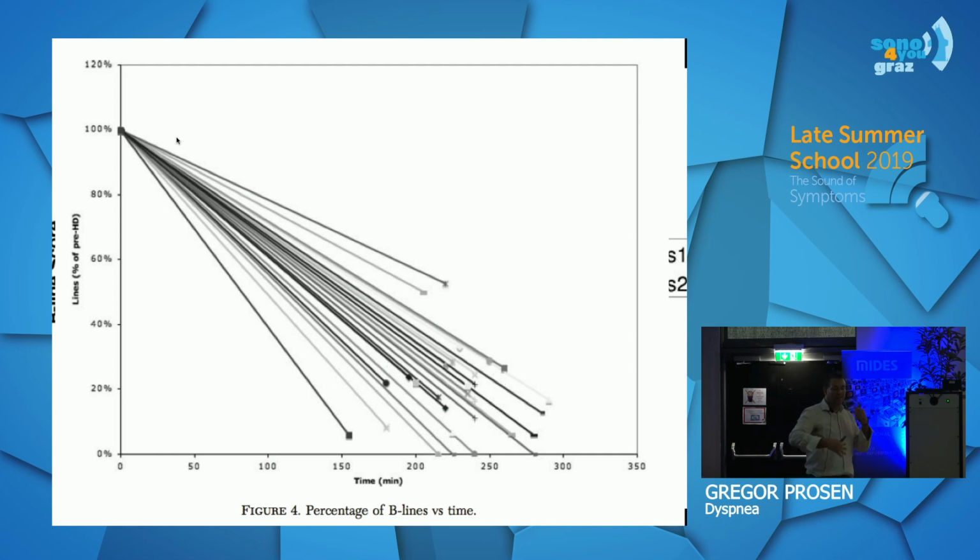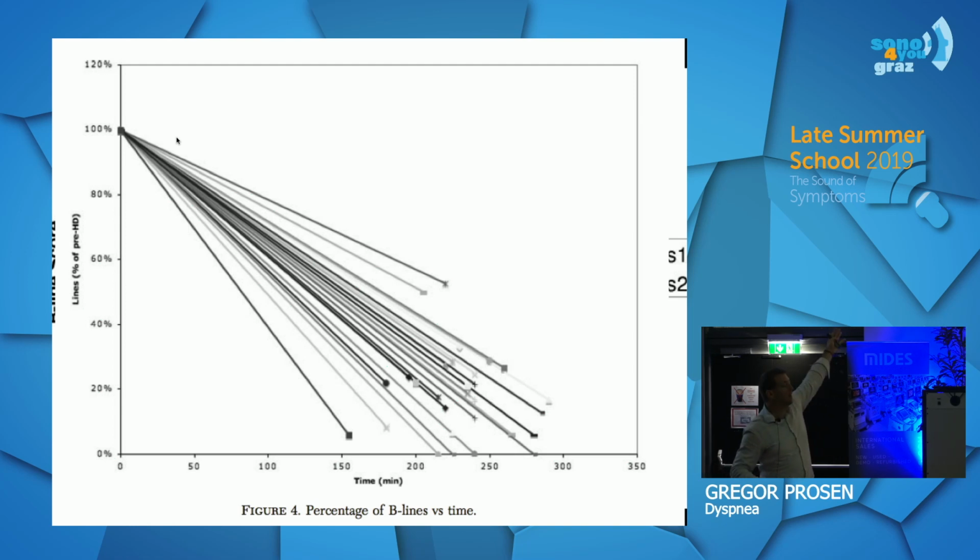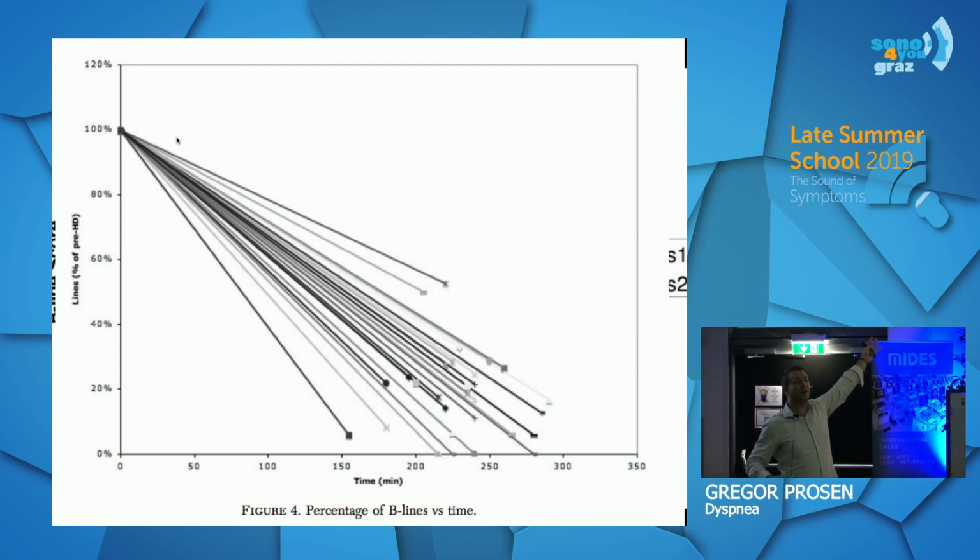And as the dialysis was working, their volume was being equilibrated. They lost 3-4 liters of fluid. Their comet tail signs, their B lines, went down. And they, of course, felt better. They could probably also subjectively feel better and breathe better. But most importantly, physiologically, their lungs dried out.